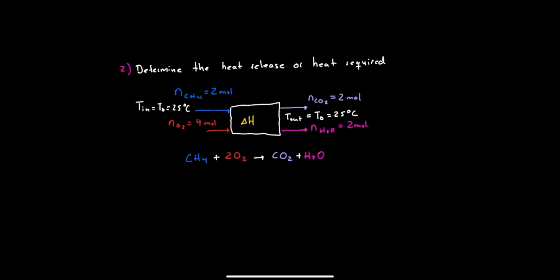We have our chemical reaction, which we looked at before, and leaving our system we have 2 moles of carbon dioxide and 2 moles of water at 25 degrees Celsius. So there is no difference in temperature in this process.